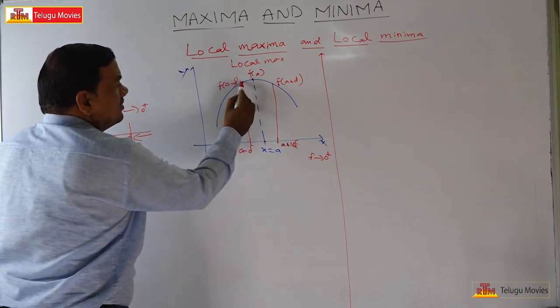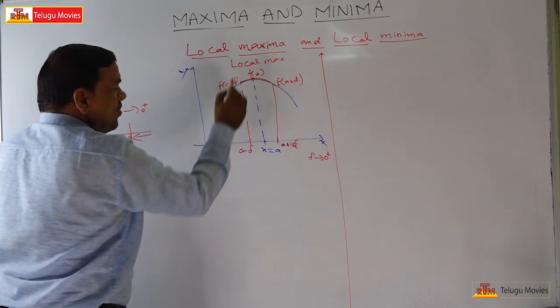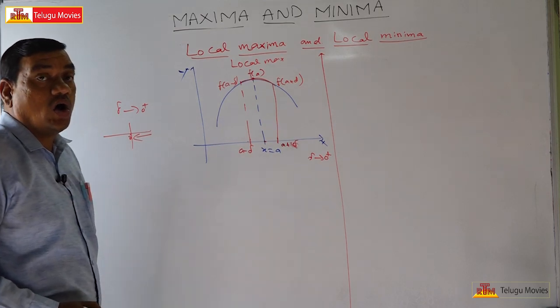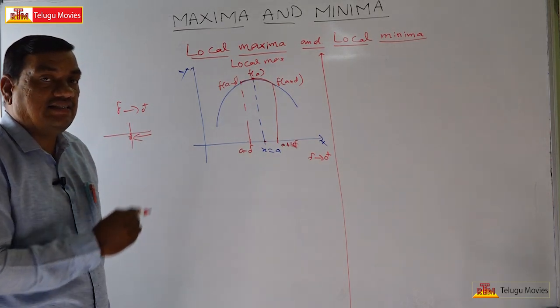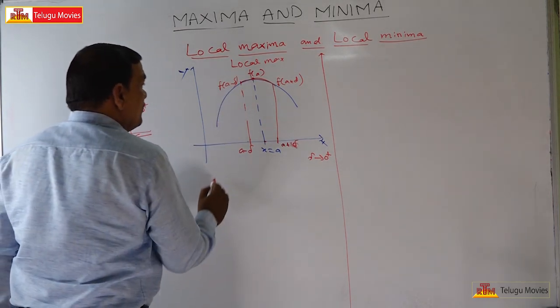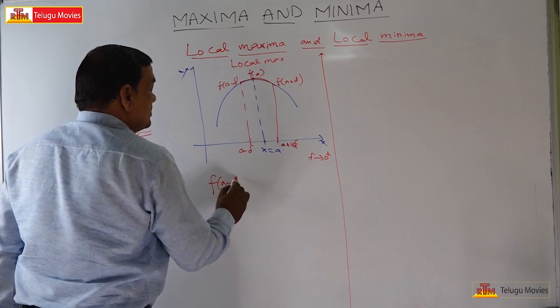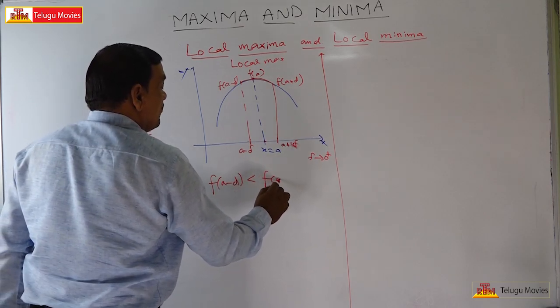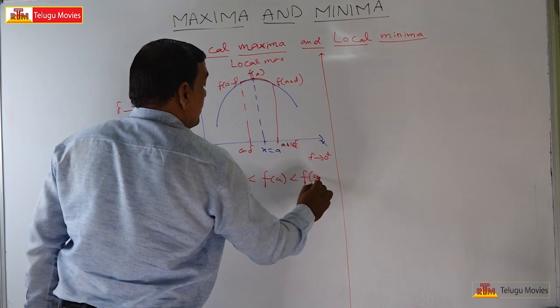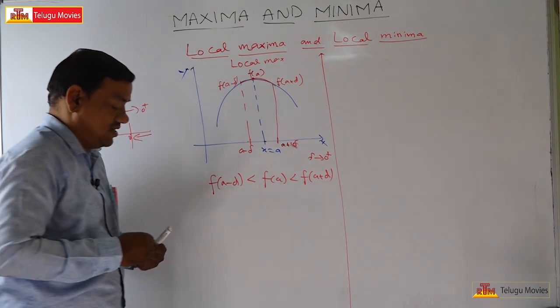Observe here: the point x is equal to a is called a local maxima if and only if f of a minus delta is less than f of a, and f of a is greater than f of a plus delta.